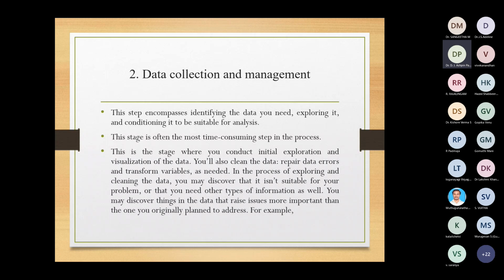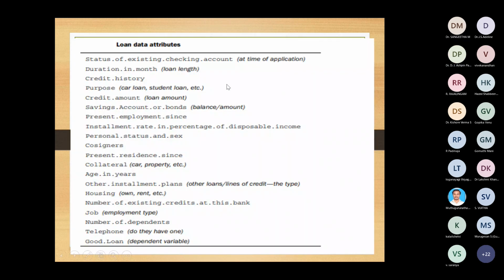You see this example. These are the attributes. Suppose you have collected a sample of representative loans from the last decade. You have collected some data for a loan application problem, and you see that some of the loans have defaulted.